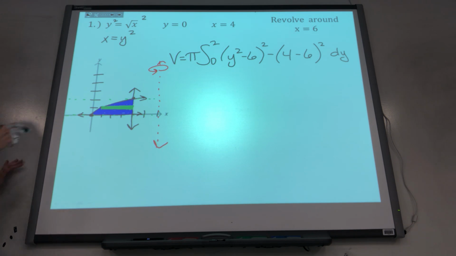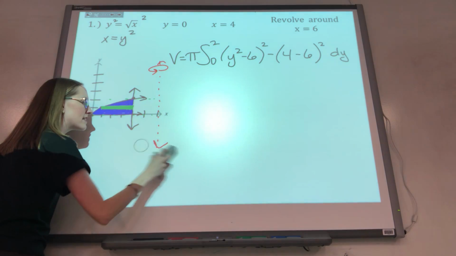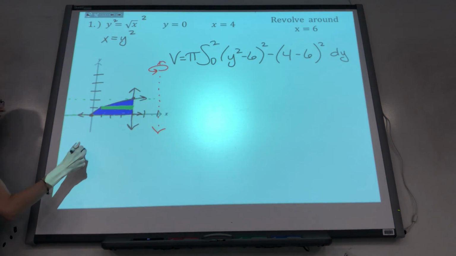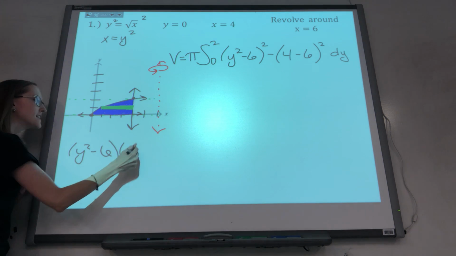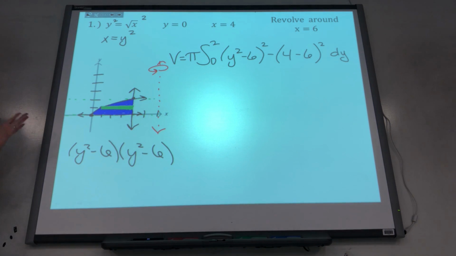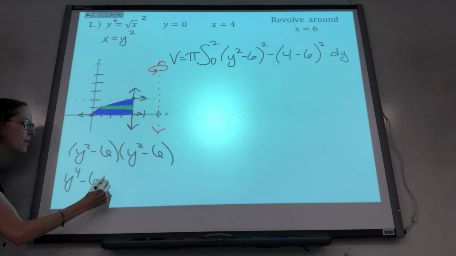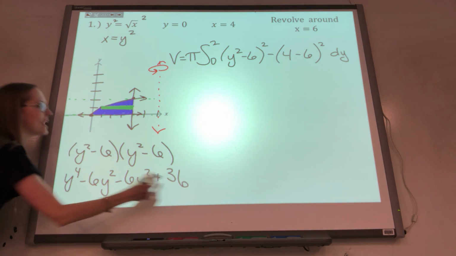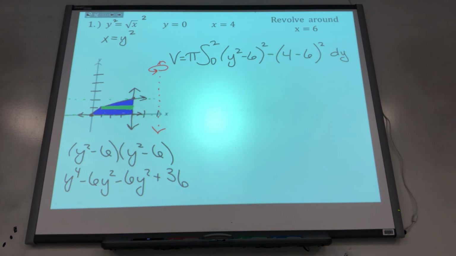Most important part there. I'm going to come down here for a second and FOIL the y squared minus 6 squared, and then I can plug this back in. I'll get y to the 4th minus 6y squared minus another 6y squared plus 36.